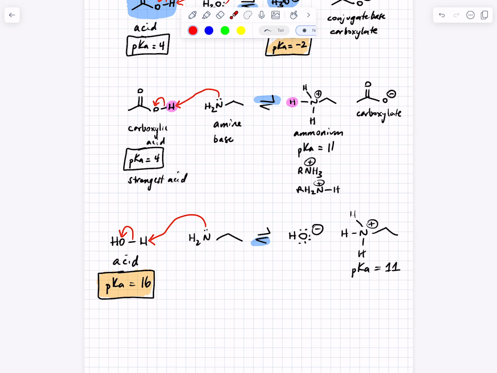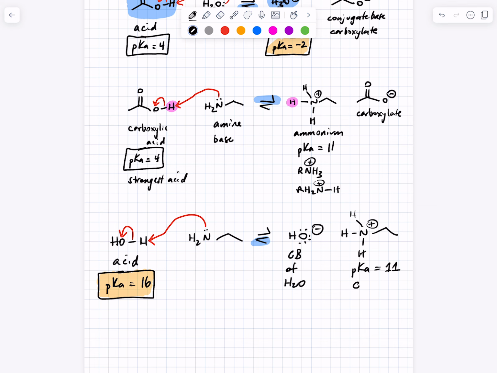See another hand? Yeah. So the conjugate base loses the proton, the conjugate acid gains the proton? The acid on the left-hand side loses a proton to become the conjugate base. Gotcha, so in this example, the HO negative, that is the conjugate base? That's right. That is the conjugate base of water.